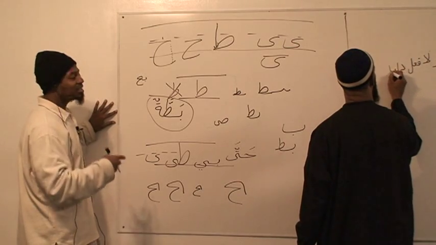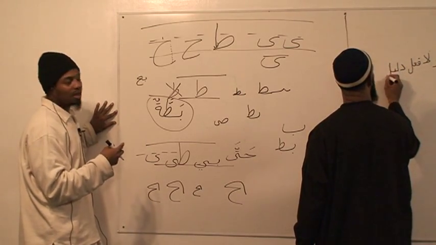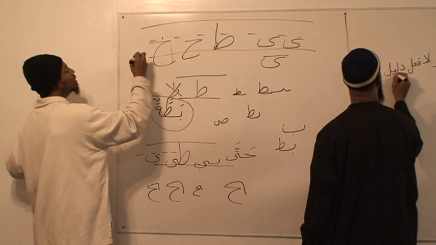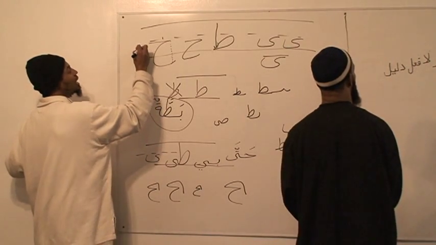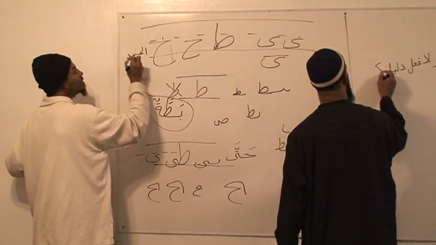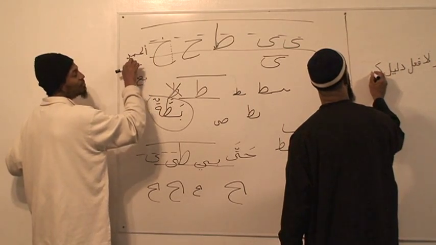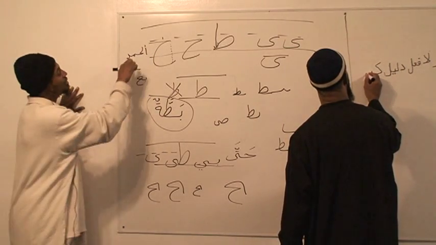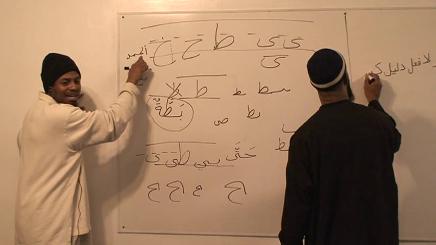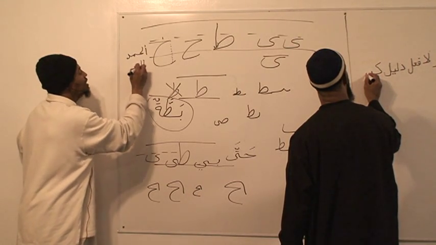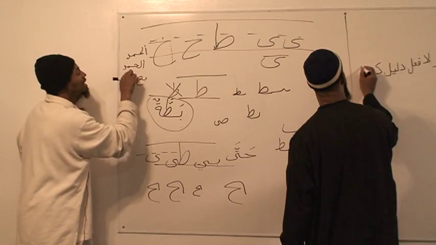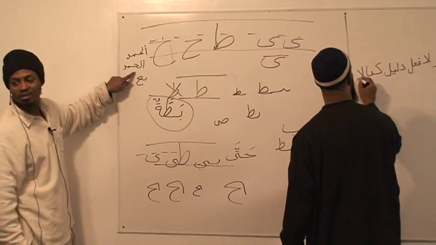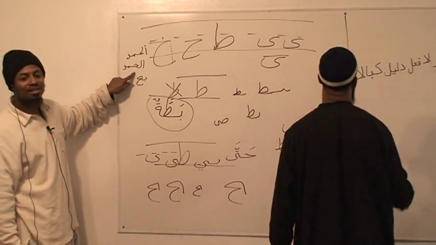So, this is how you write. And that's why you see Alhamd. Alhamd. You see, the ha is connected to the lam. This is incorrect for someone writing with their hand. You see the difference? Why is this different?